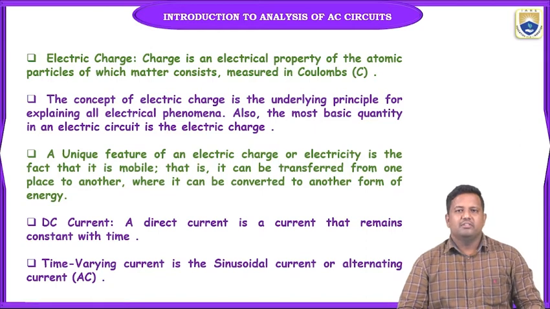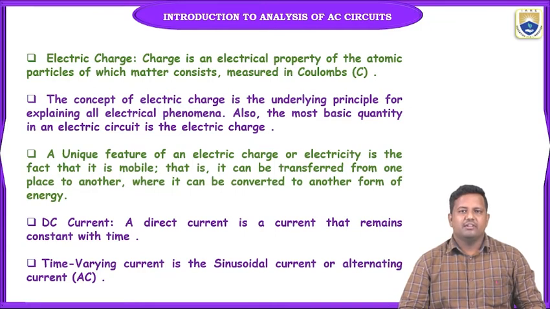That is the reason the entire world has adopted electricity as a primary energy source. I can conveniently transmit electricity from one place to any other place due to its inherent feature of mobility. The only thing I need to do is provide an external energy source in the form of voltage, potential difference, or electromotive force.